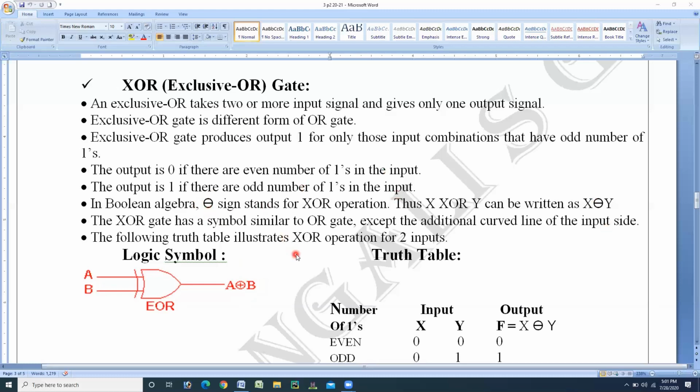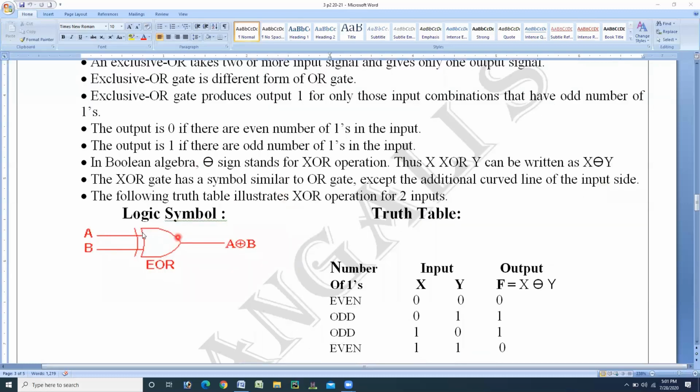Then you observe now, after knowing that, see here, the exclusive OR logic symbol for 1 mark also. Sometimes this is asked in the exams: write the logic symbol for the exclusive OR gate or XOR gate for 1 mark. So for OR, you can write one extra curved line on the input side, that becomes exclusive OR.